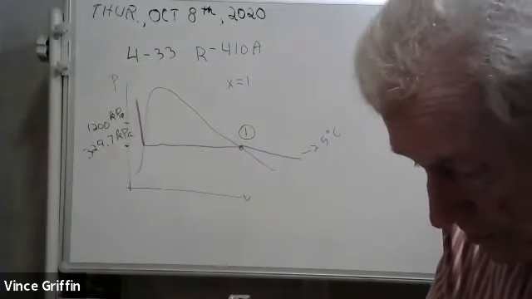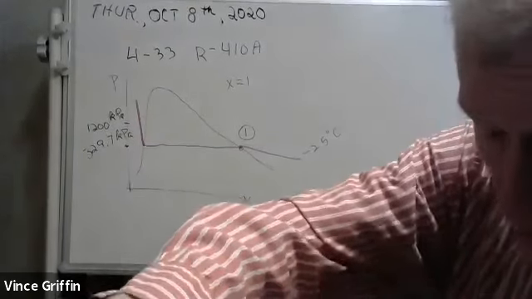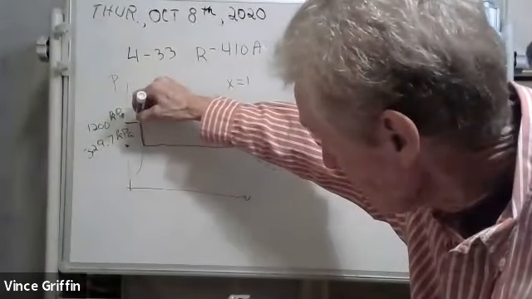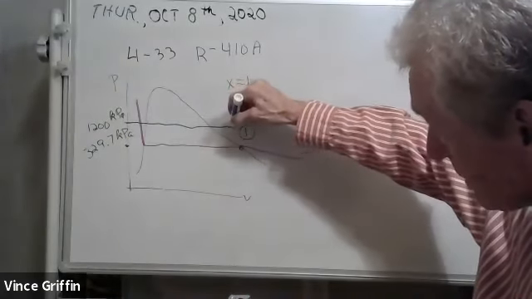And I'm going to draw an isobar now. I need blue for that. Here's a blue isobar. Oops, kind of got a kink in it there.